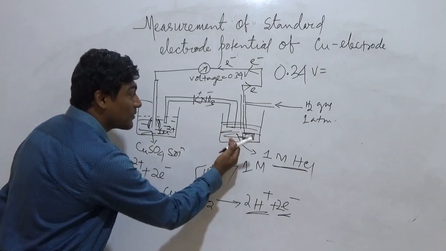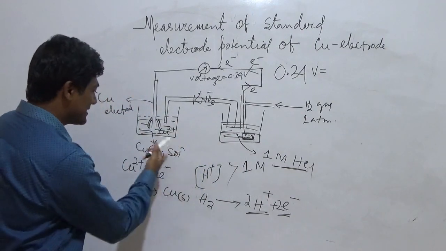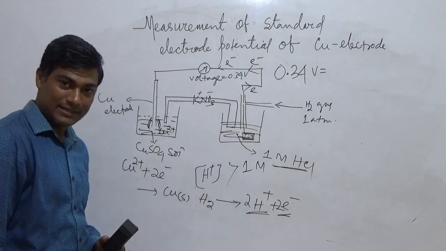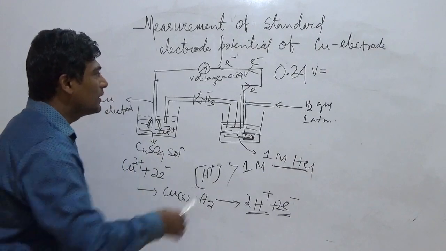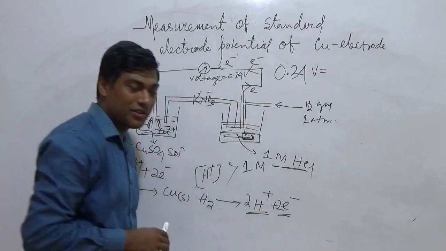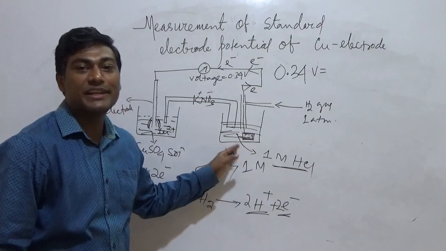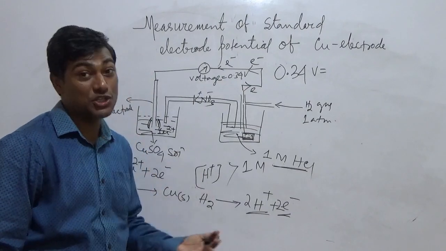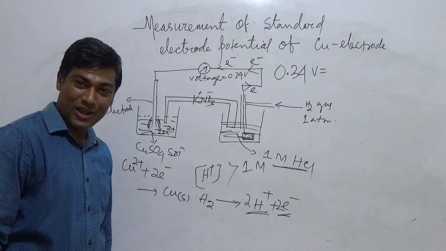So electrons are produced here, means this is the oxidation half cell, then this is the reduction half cell. Reduction takes place here and oxidation takes place here. So this steady voltage 0.34 volt should be equal to the oxidation electrode potential of SHE, which is conventionally taken as 0, plus the reduction electrode potential of copper.